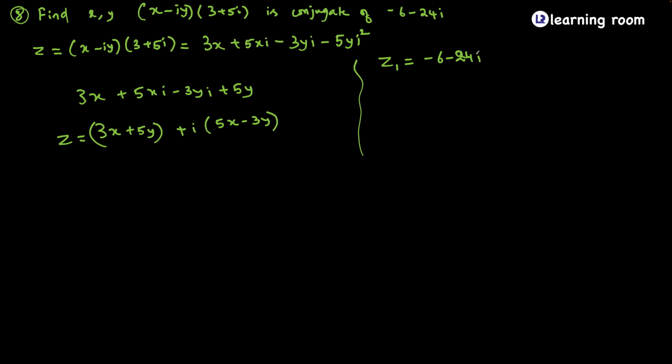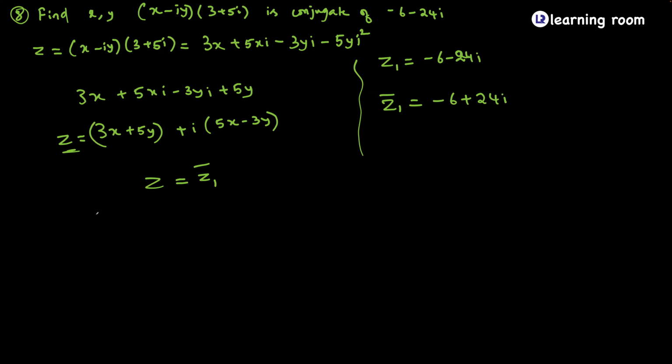So what is the conjugate of this? z1 conjugate is minus 6 plus 24i. According to the question, z is equal to z1 conjugate, because this is the conjugate of this number.